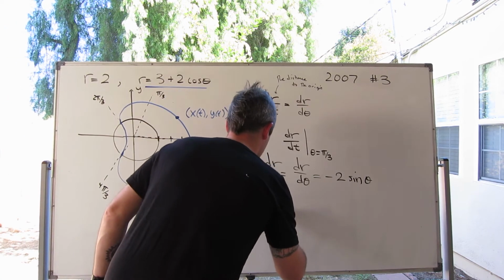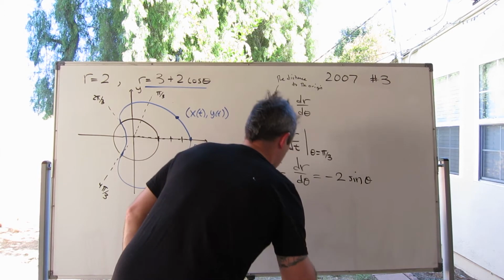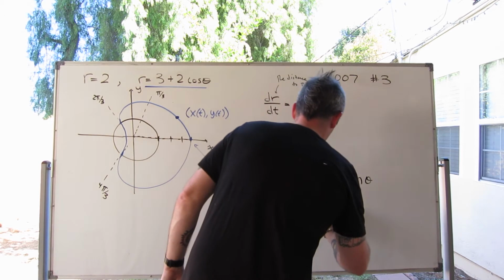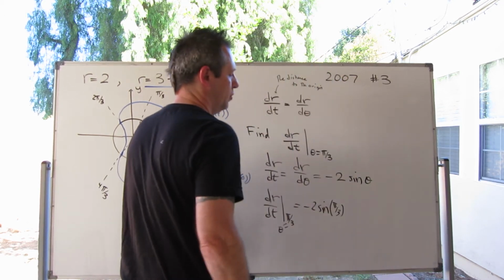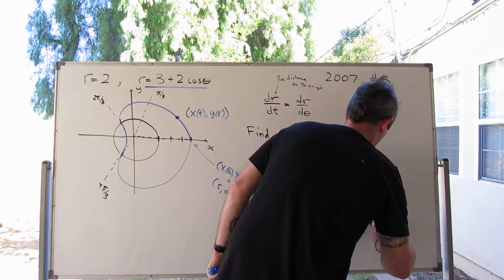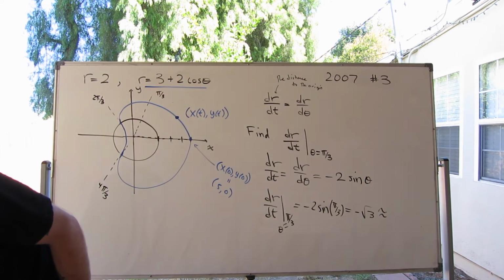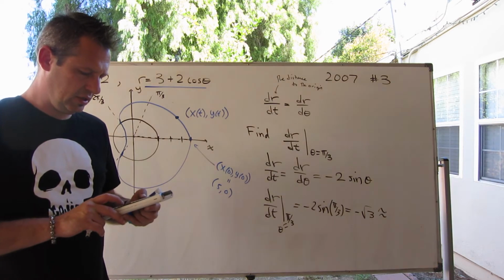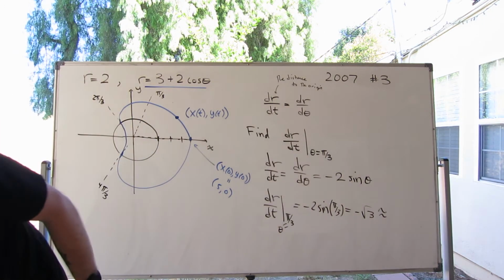So dr dt at pi over 3 for theta, which is actually just t, is equal to -2 sine of pi over 3, which ends up giving us -√3, which is approximately -1.732. Let's just check that. Square root of 3, 1.732.